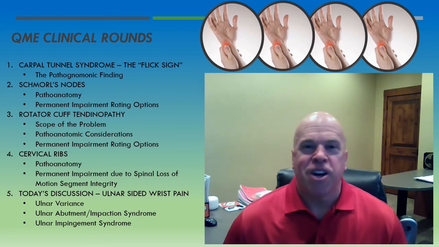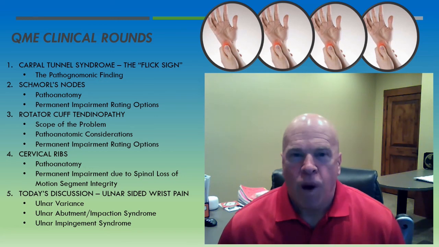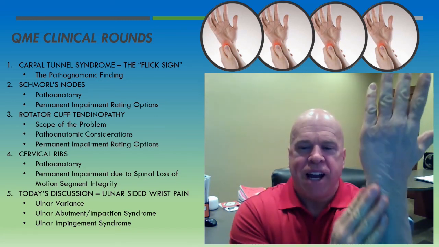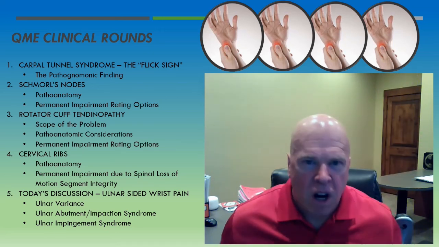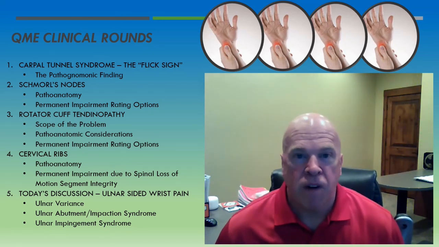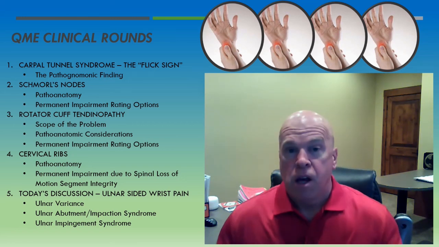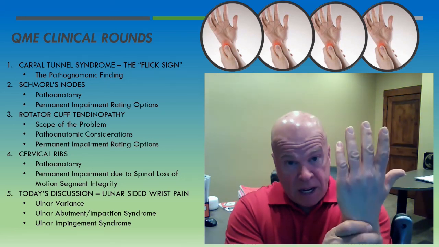Now, in today's discussion, I want to talk to you about ulnar-sided wrist pain. Pain on the ulnar side of the wrist. Now, this is a very common condition, and this is something that you may have some experience with yourself. Let me ask you, have you ever had ulnar-sided wrist pain?